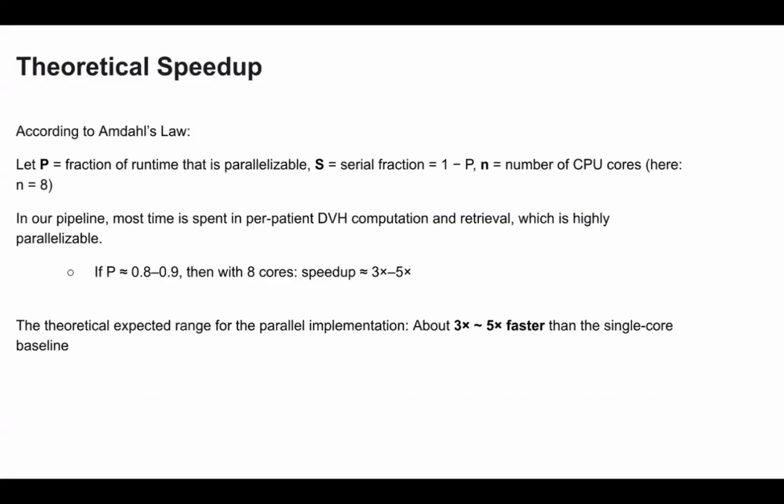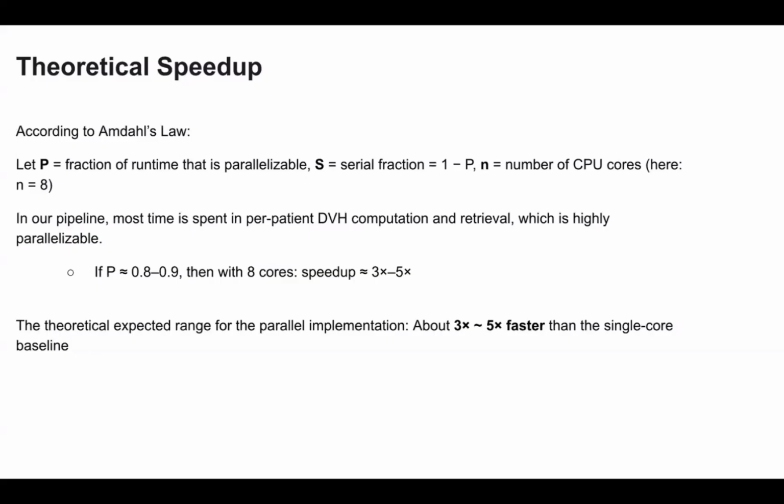The next section is to show some results. Before we jump into the actual performance data, it is important to establish a baseline for success. To do this, I used Amdahl's law to calculate the theoretical maximum speedup we could expect on, for example, an 8-core test node.